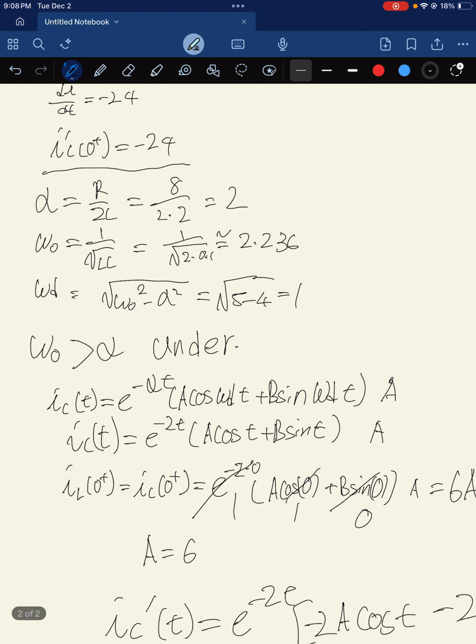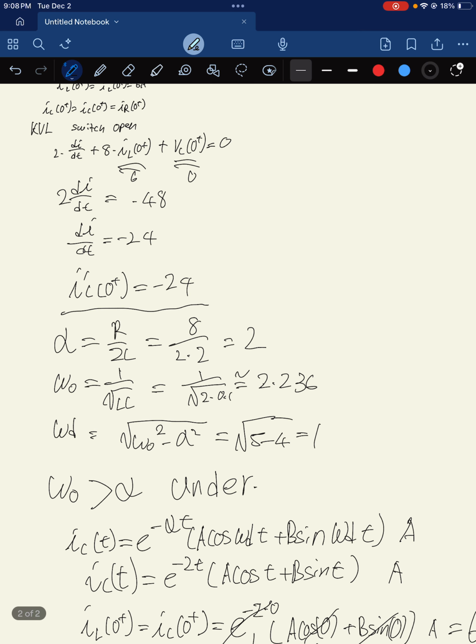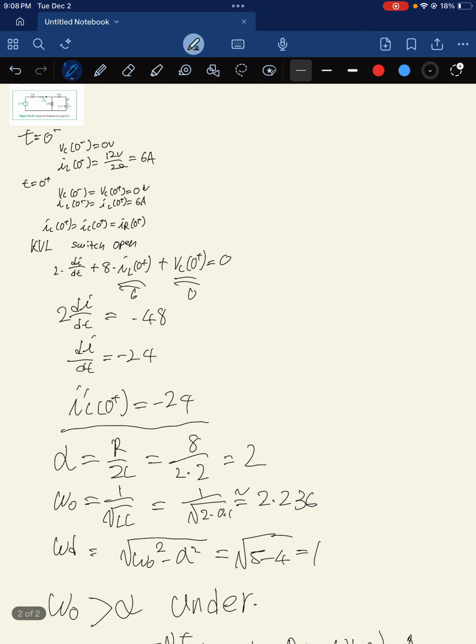Okay, so that completes problem 6.22, right? We found IL at 0 minus, which, because of the continuity, also gives us IL at 0 plus. We also found VC at 0 minus, which also gives us VC at 0 plus.